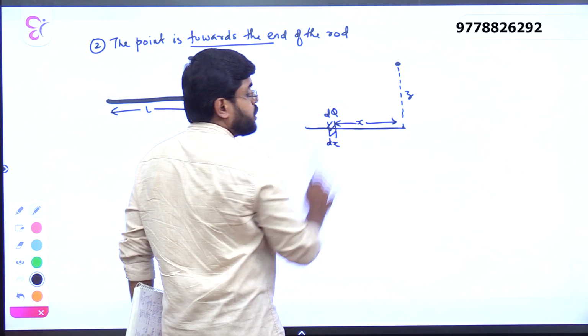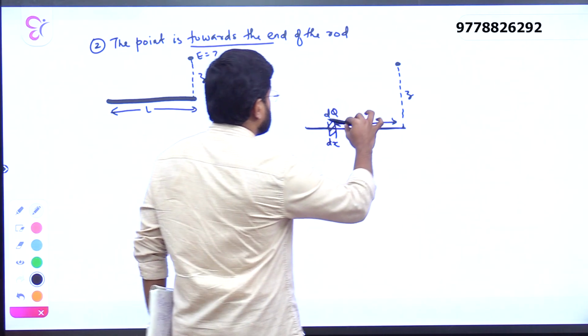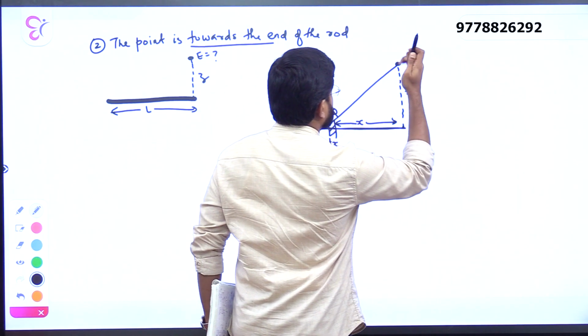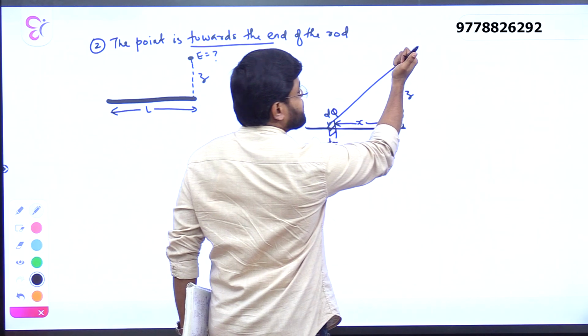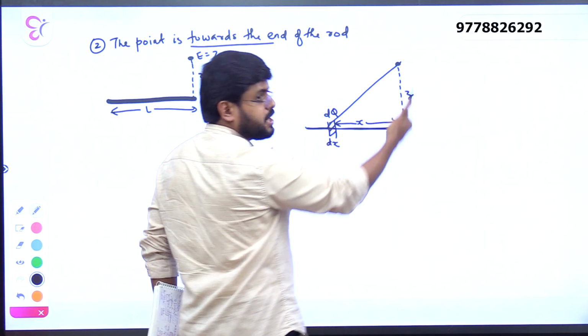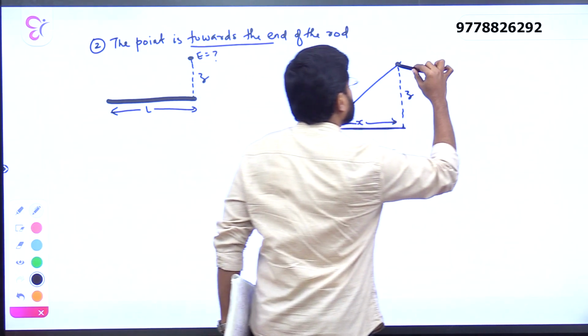So due to this, I have to find the electric field. If I place a plus 1 coulomb, whether it will be attracted or repelled, it will be repelled.